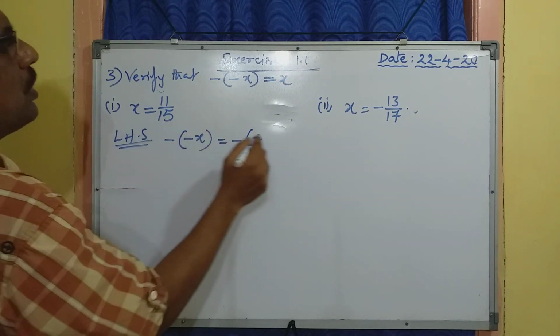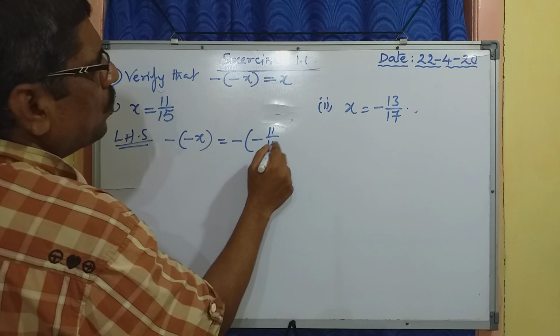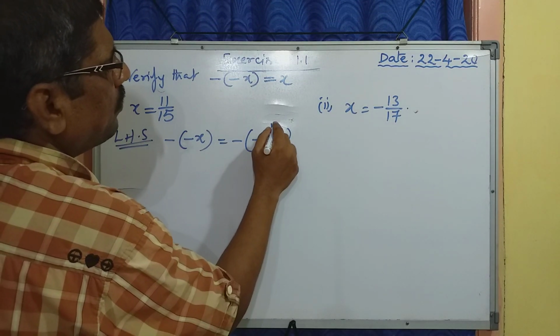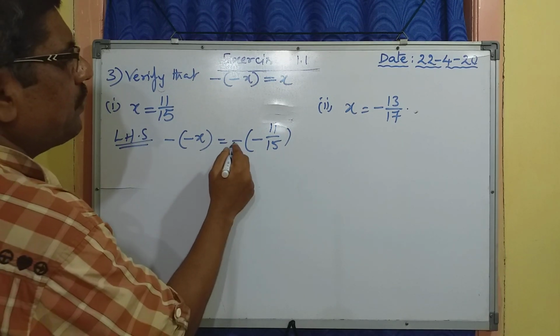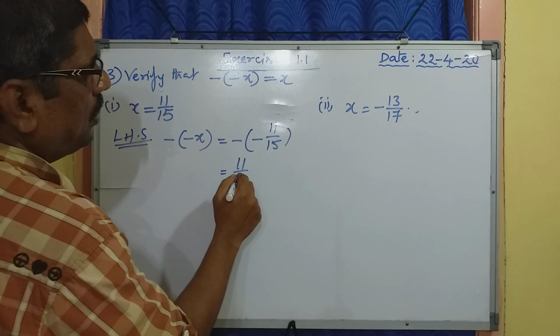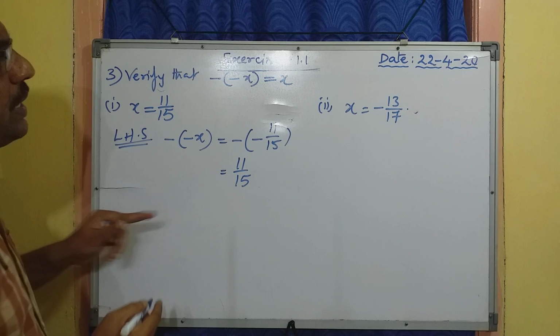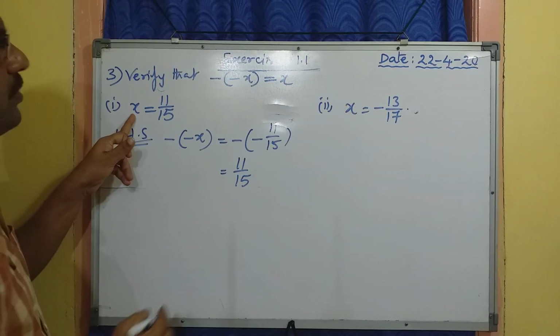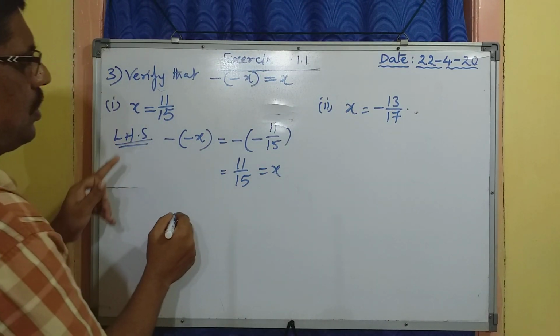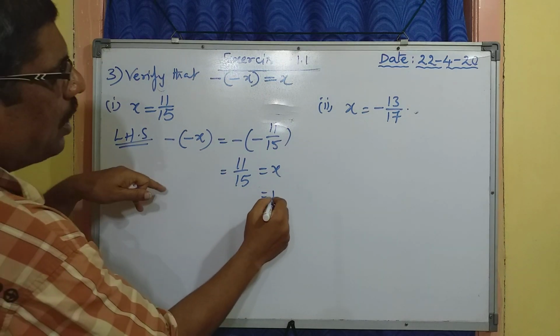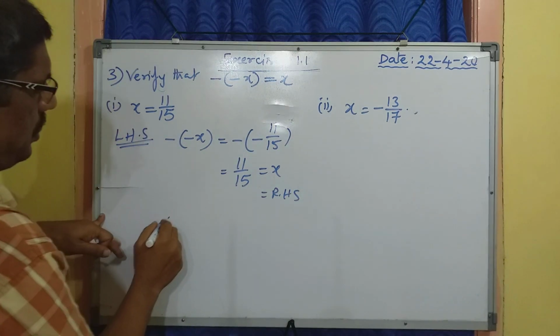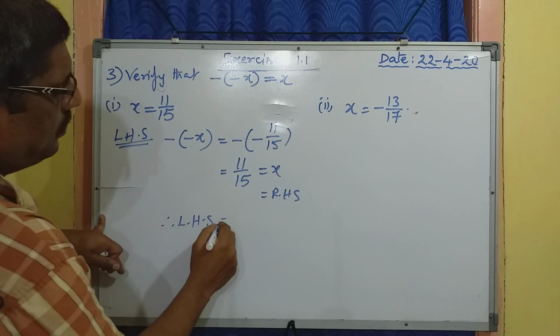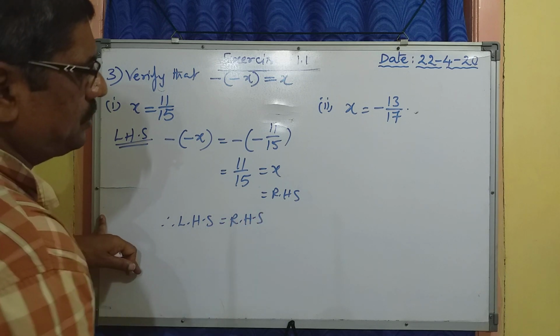What is the x value? The given x value is 11 by 15. Let us substitute 11 by 15 in the place of x. Then we get minus of minus plus 11 by 15. It is given that 11 by 15 is x. So we get x. Okay. Therefore, this is RHS. Therefore, LHS is equal to RHS.